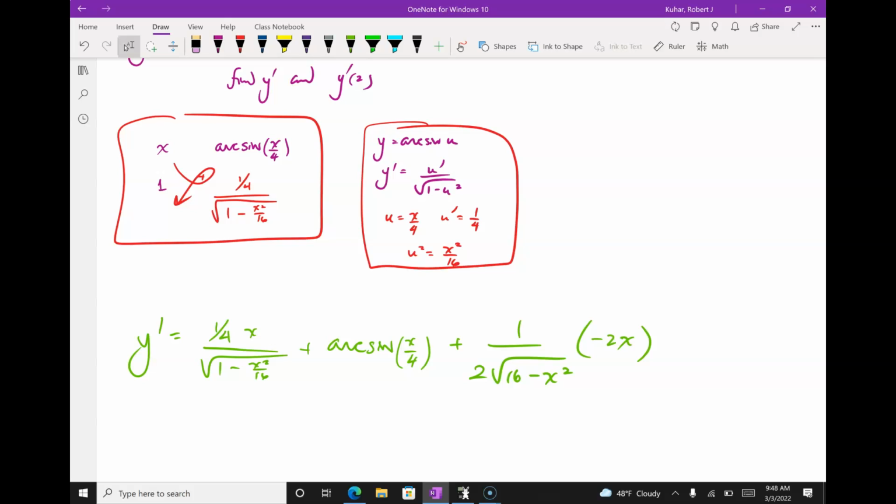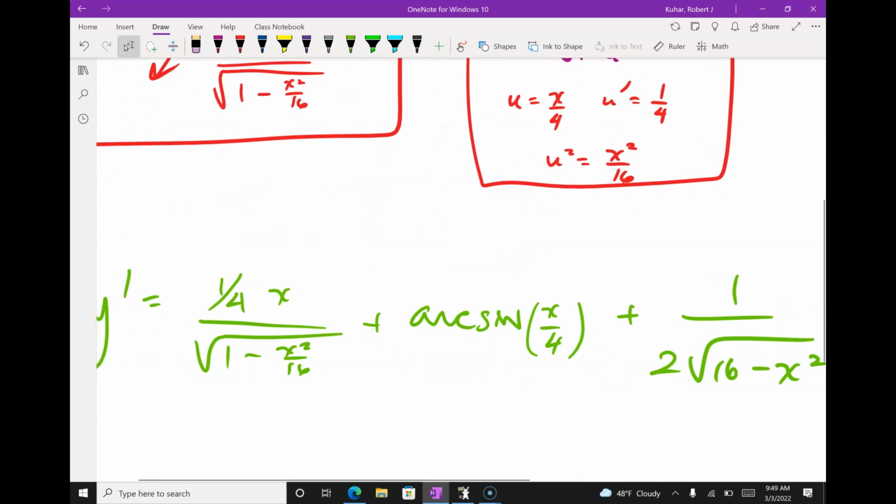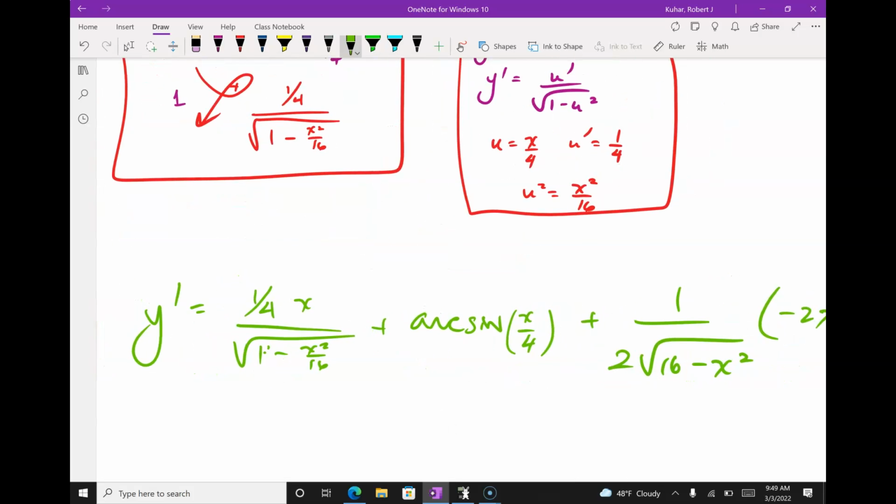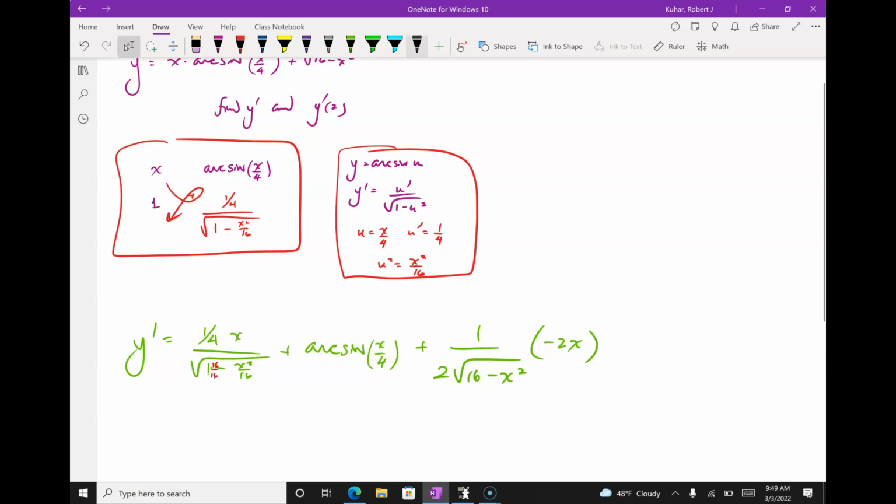We okay? We got to do a little bit of arithmetic here. You see I have fractions within fractions, right? So that 16 I have to manipulate over here, right? You with me? I want to get a common denominator, so I'm going to get a 16 over 16 here. And now I can rewrite everything.